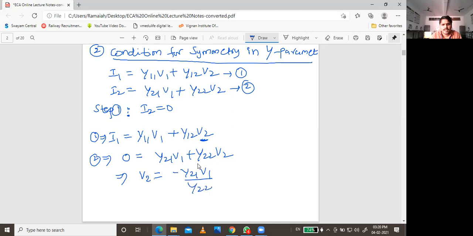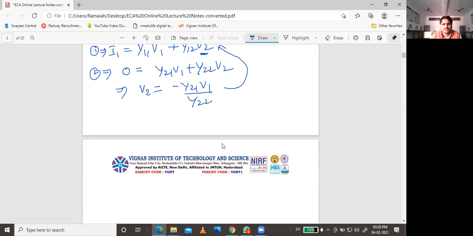Now substitute this value in this equation. Then you will get I1 equal to Y11 V1 plus Y12 into, what is the V2, minus Y21 V1 by Y22.